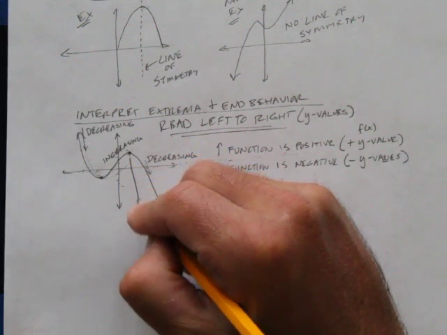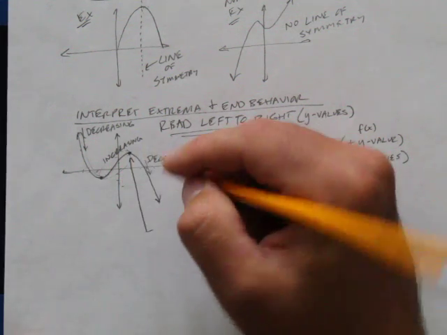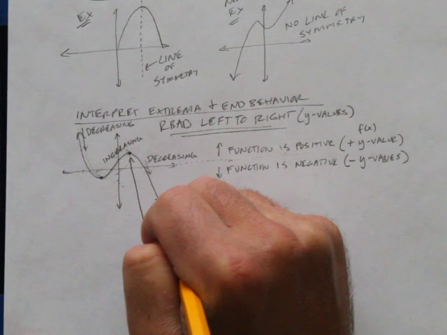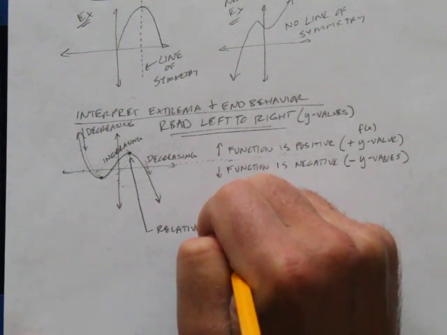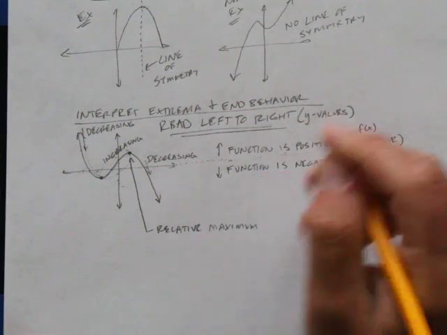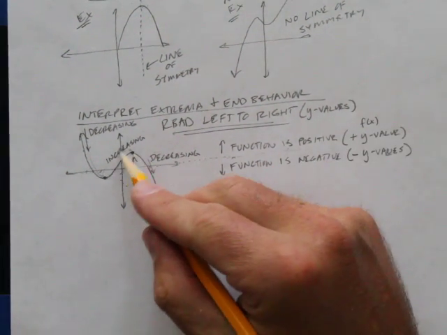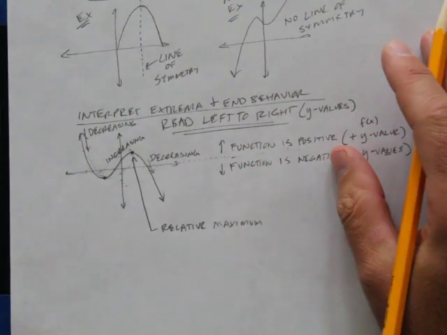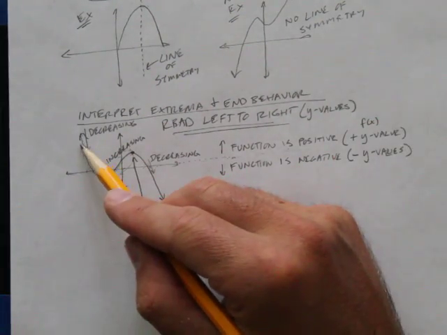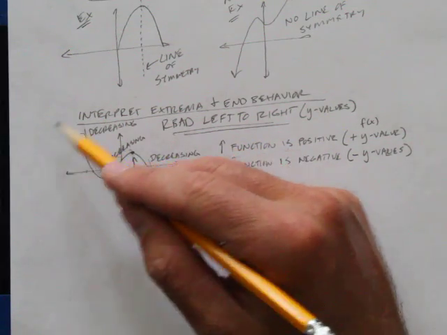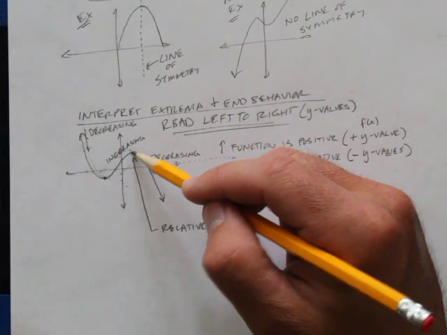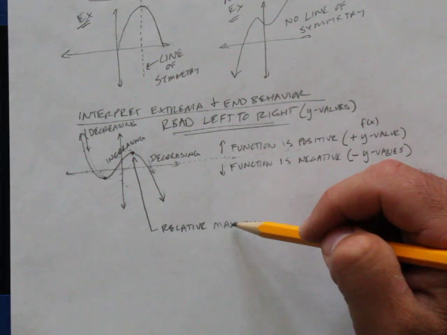And so at the top of the hill, we have a relative maximum. Relative meaning that in this area of the graph, that is the max. Over here, we have these maximums over here, but it doesn't turn and curve like that, so it's not like a mountain. Here's the relative maximum.